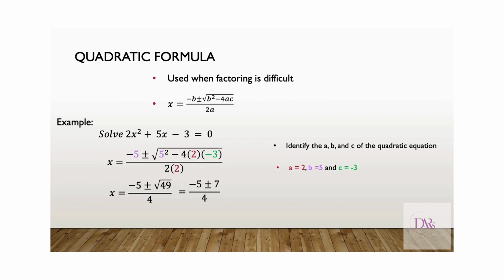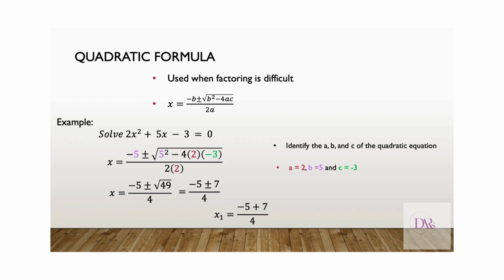We simplify the square root of 49, which becomes 7, and are left with -5 plus or minus 7 divided by 4. Now we are going to separate this into two separate equations, because the plus or minus means we're going to add the 7 and then we will subtract the 7, giving us two different values for our x's.